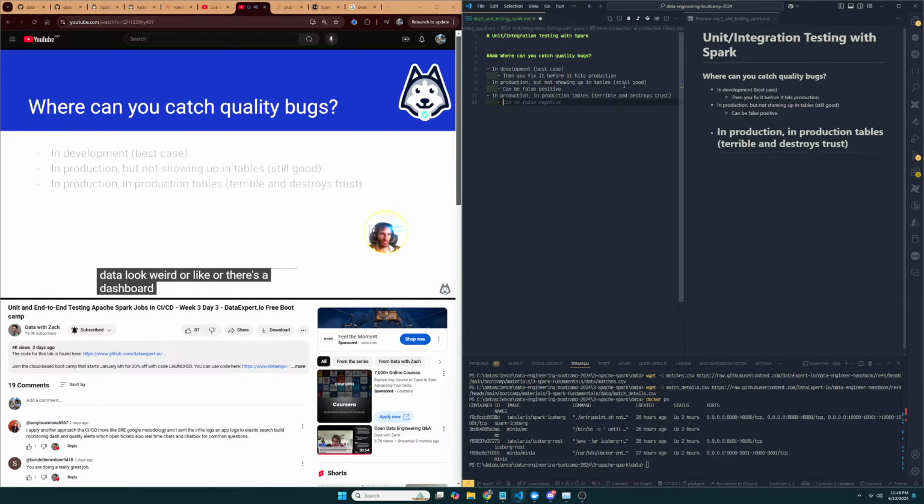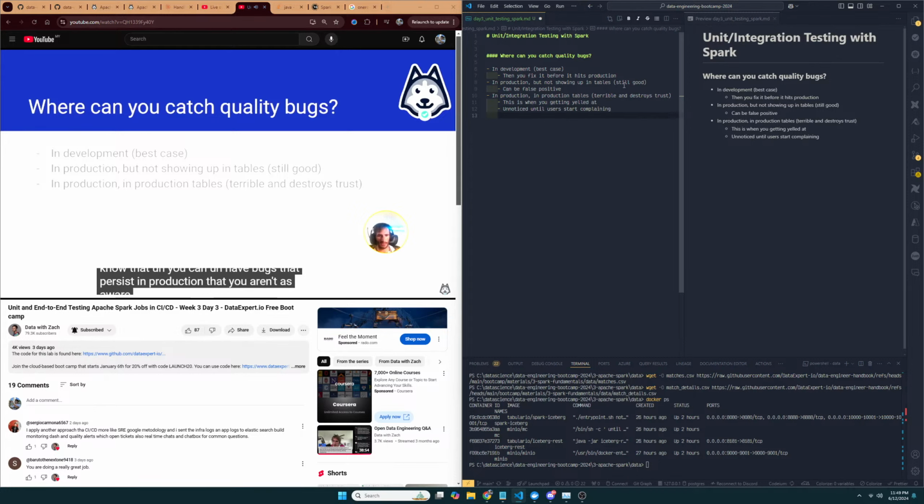Or there's a dashboard that has a spike, or there's some sort of anomalous thing that happens. And sometimes these errors actually go unnoticed for weeks at a time, especially if they're more nuanced errors. So definitely know that you can have bugs that persist in production that you aren't as aware of.